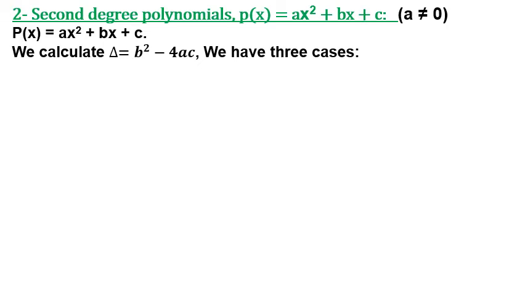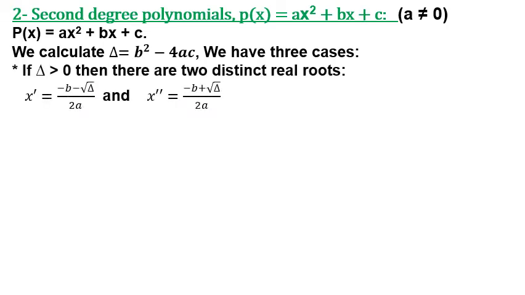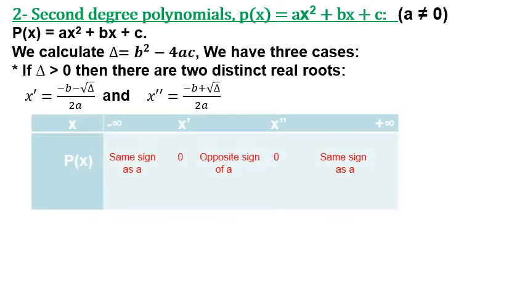We have three cases. If delta is positive, then there are two distinct roots, x prime and x double prime. In this case, in the table of sign of p of x, its domain is from minus infinity to plus infinity, since it's a polynomial, and we put the roots of p of x, which are x prime and x double prime.